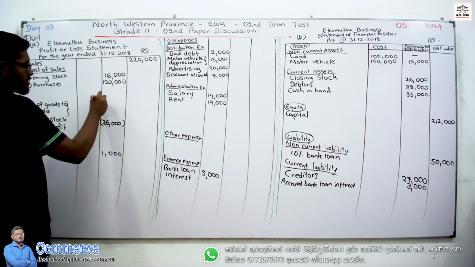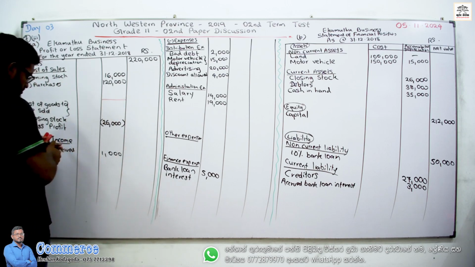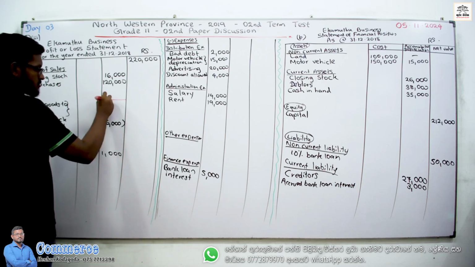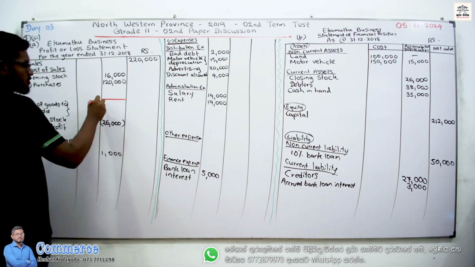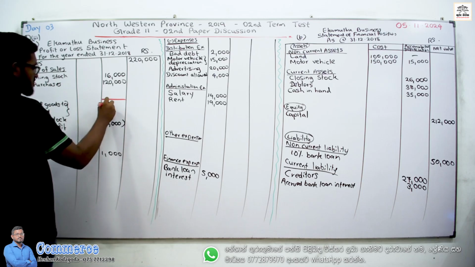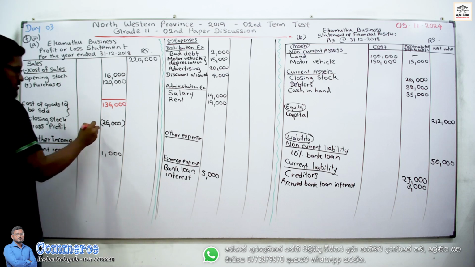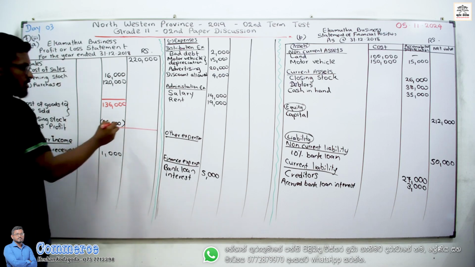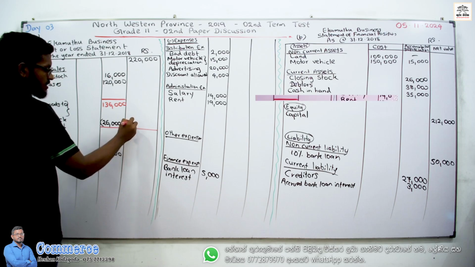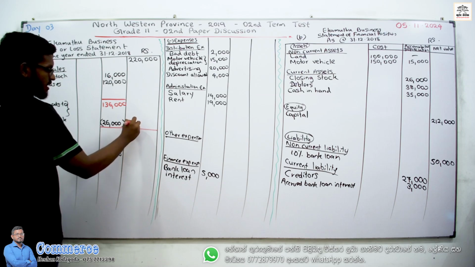Help me to balance this. How much is the cost of goods sold? 136,000. Am I correct? Yes, sir. So how much is the cost of sales? 110,000.